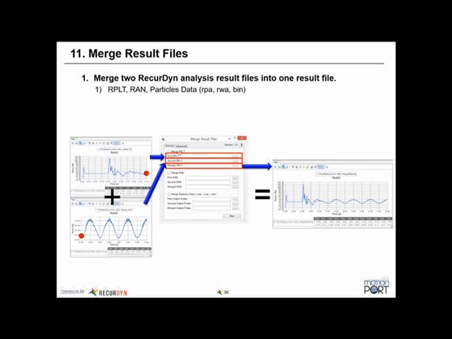You can see the different results files. The RPLT can be merged together for plotting, and the RAN is the RecurDyn animation data. You can even merge particle data from these co-simulations to get one single run, for both animation and plotting. So, pretty convenient.